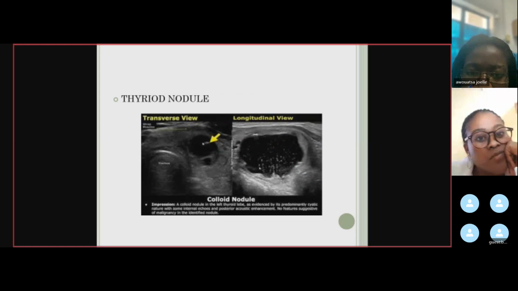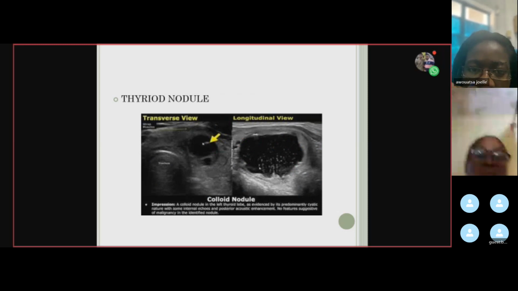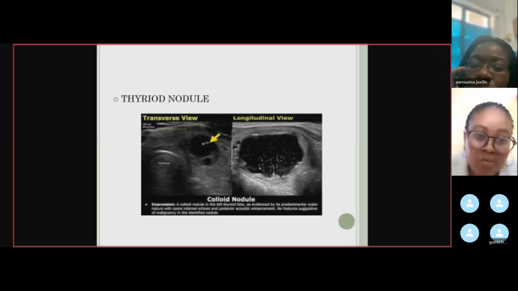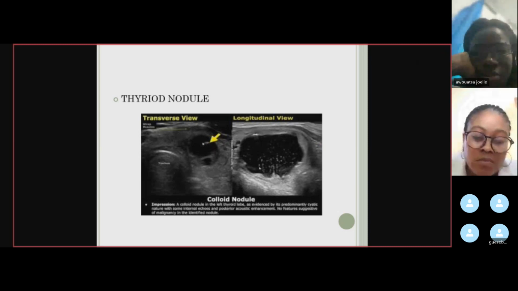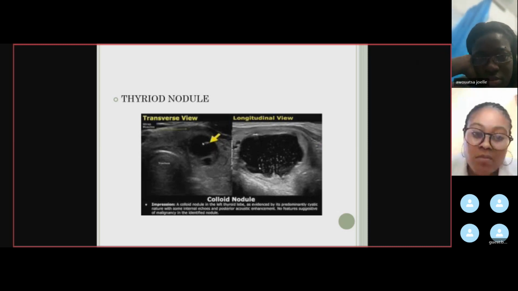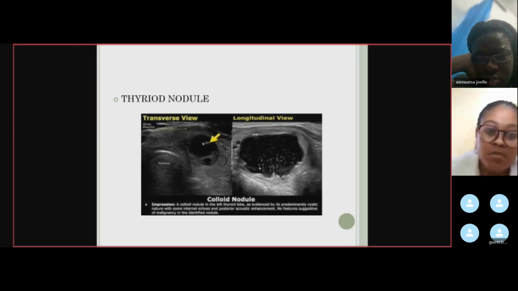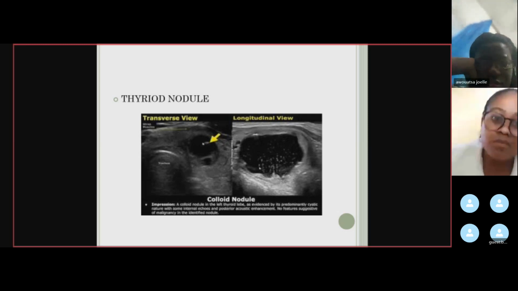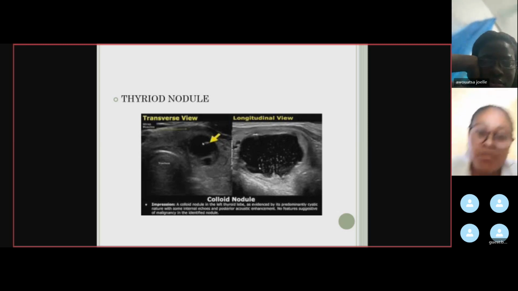Then this is the image of the thyroid in transverse view and in longitudinal view, where there is a nodule present. Nodules can usually be felt in the thyroid if they are very large, by palpating it. Once we do the scan, we get to know what is inside that nodule and whether it is cancerous or not.